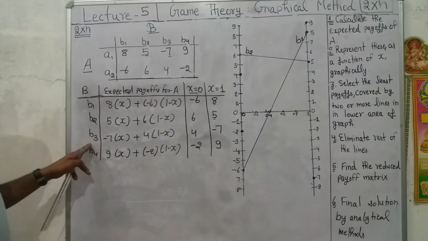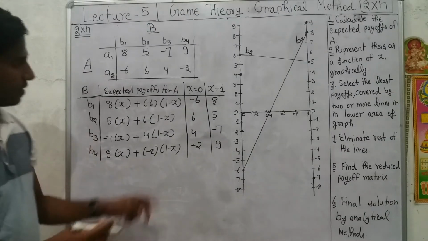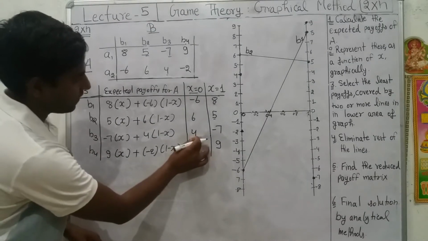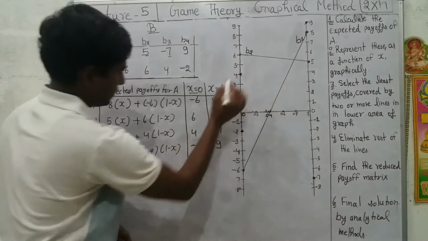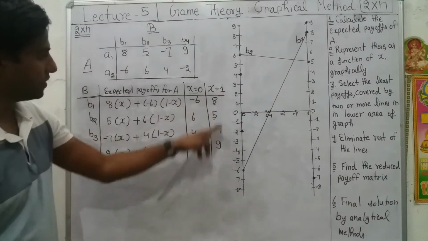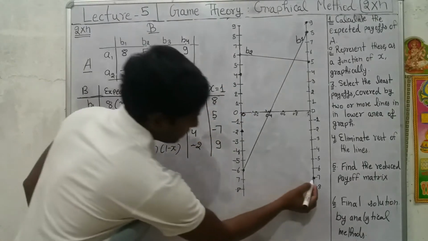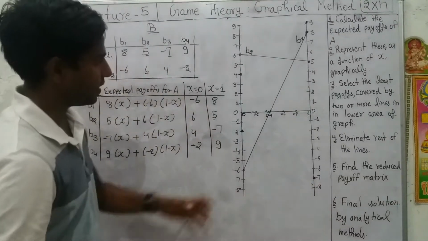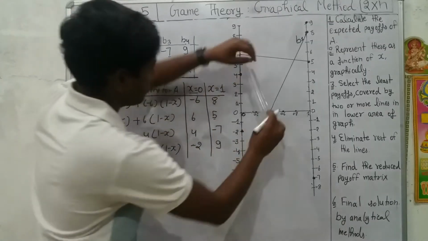For the third strategy, when x is equal to 0, the value is 4, that is this point, and when x is equal to 1, the value is minus 7, so this point. So again we need to join these 2 points.